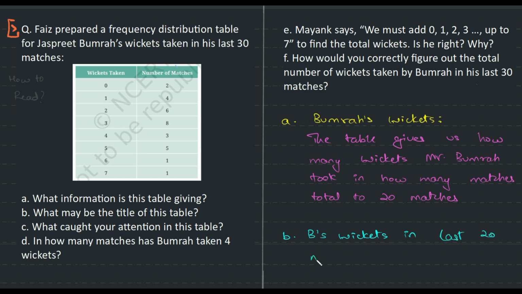That makes more sense, right? If I tell just Bumrah's wickets, is it a physical wicket, or is it the time he took a wicket? For how many, nothing is clear. But if I tell Bumrah's wickets in the last 20 matches, it's clear that we're considering the last 20 and we're talking about Bumrah's wicket-taking capacity.